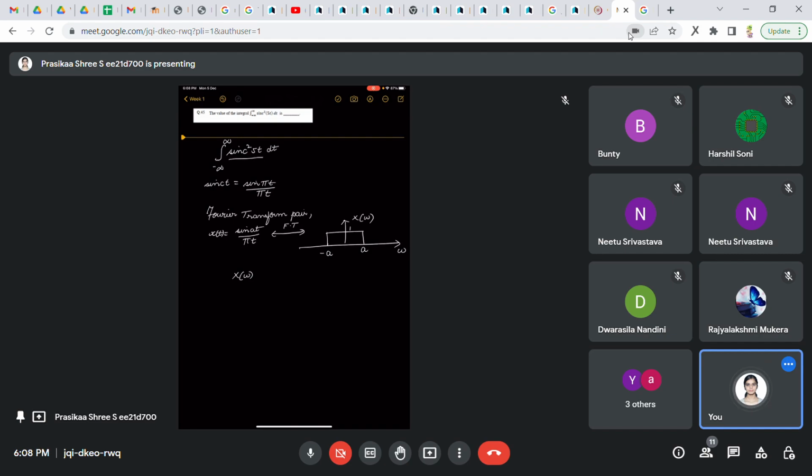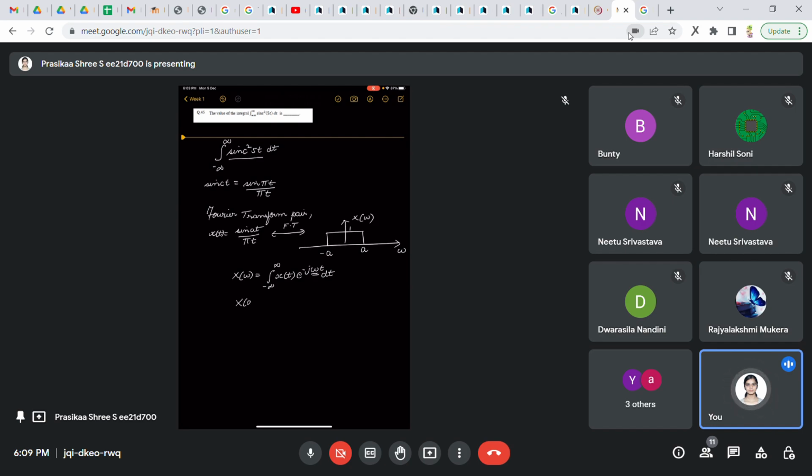What is the definition of Fourier transform? It goes from minus infinity to infinity. If you are finding a Fourier transform of a particular signal x of t, you will find it like this, minus j omega t dt. So one way is finding out the Fourier transform of sinc square 5t and putting omega to be 0.